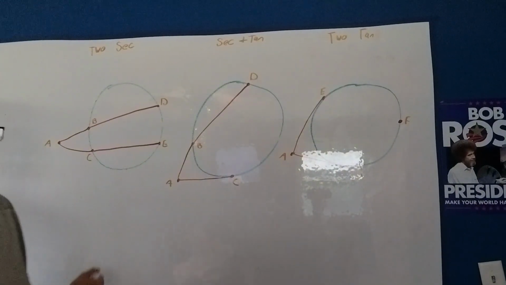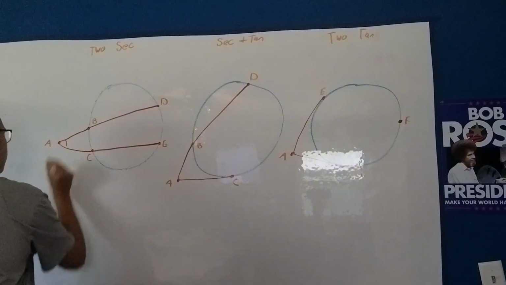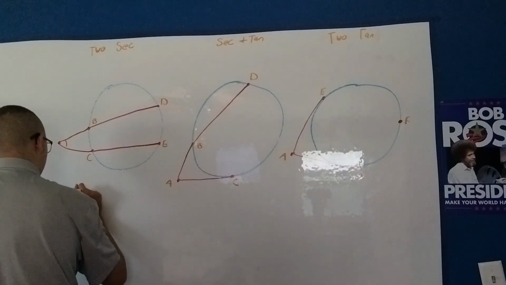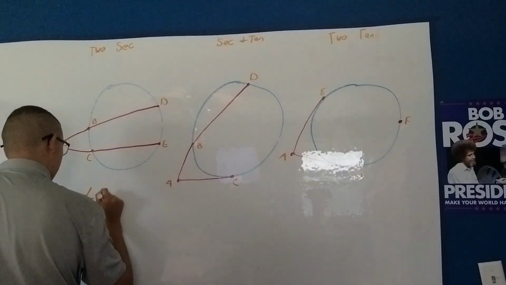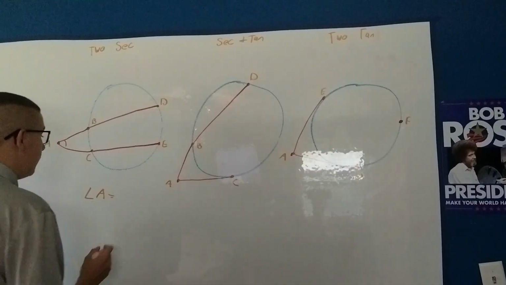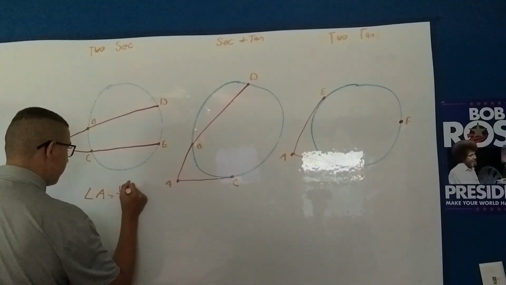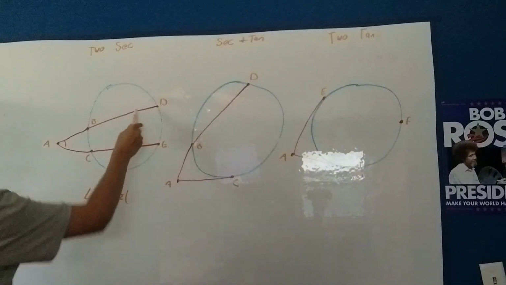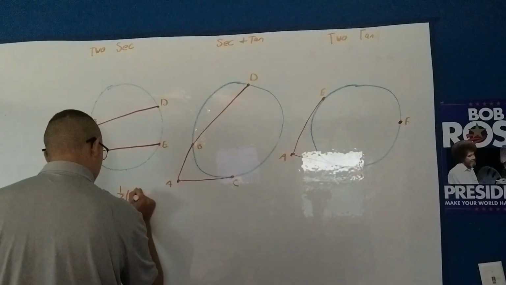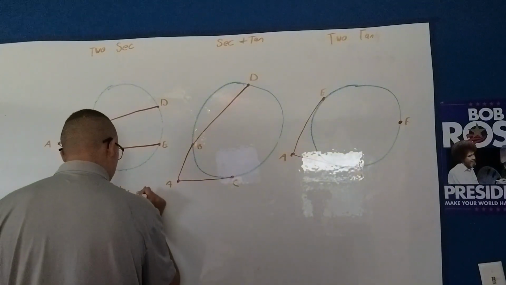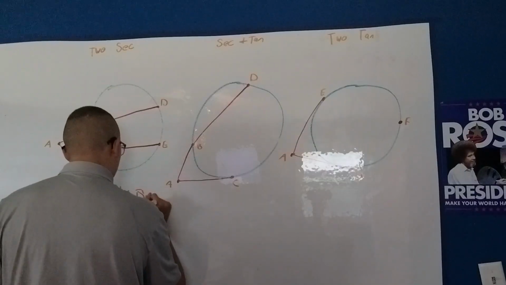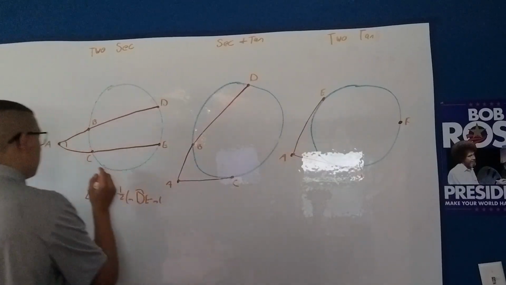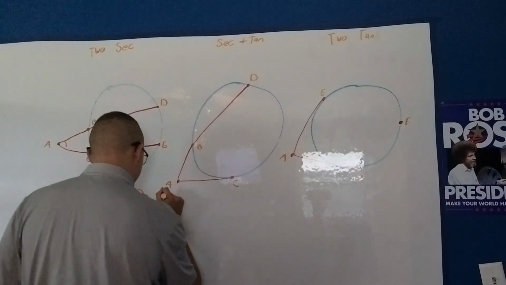So, for this one, if we want to solve for angle A, we would say angle A equals 1/2 of our bigger part, which is DE. So the measure of DE minus the measure of our smaller part, BC.